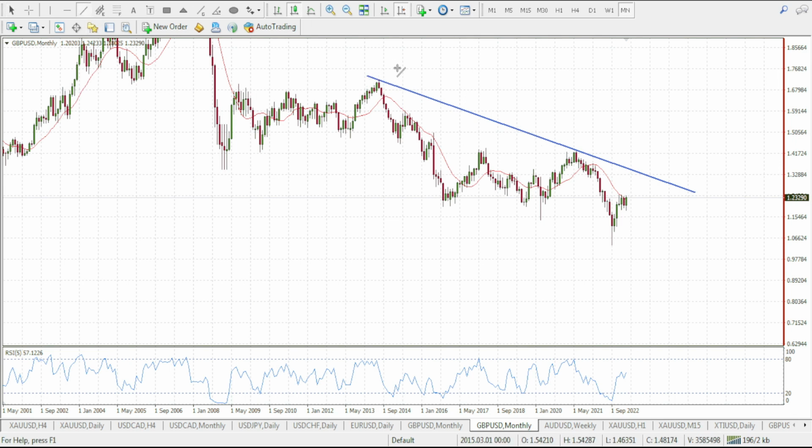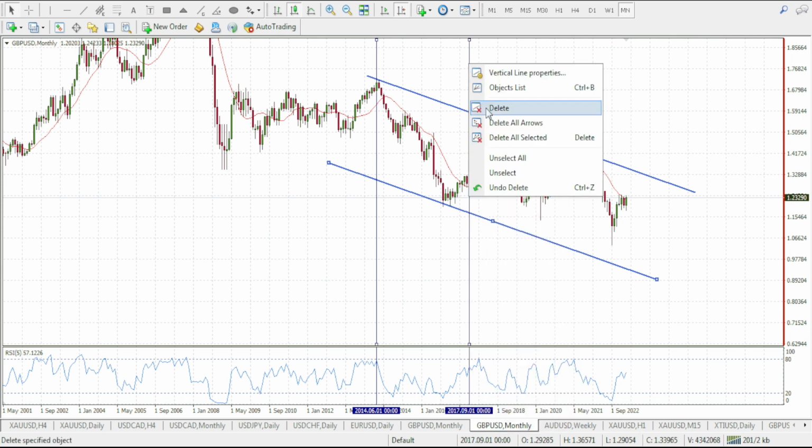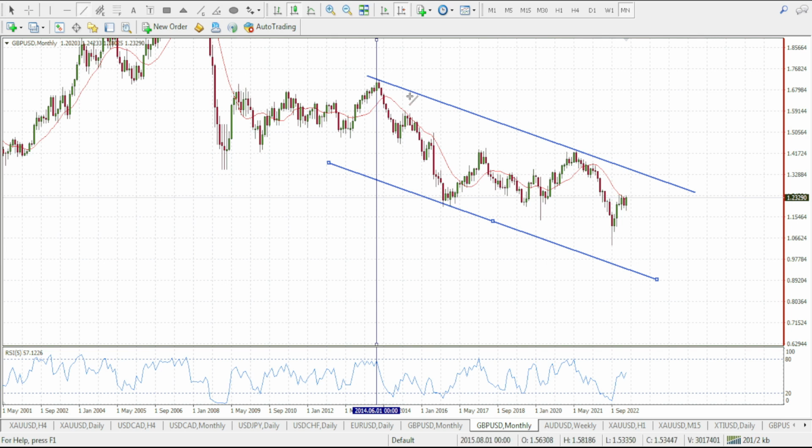Let me actually complete this as well, like this. The time frame is obviously almost like 1st June 2014 till, okay, let's first find out if this pattern has got completed or not.